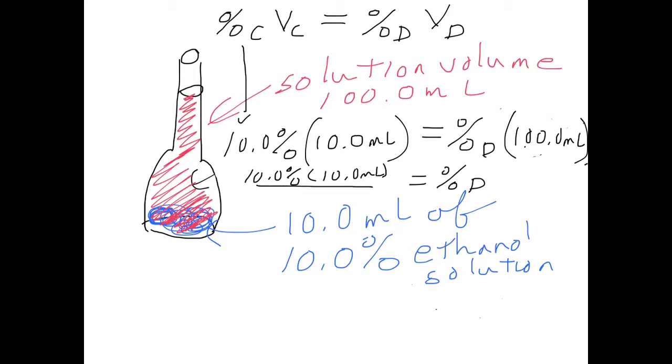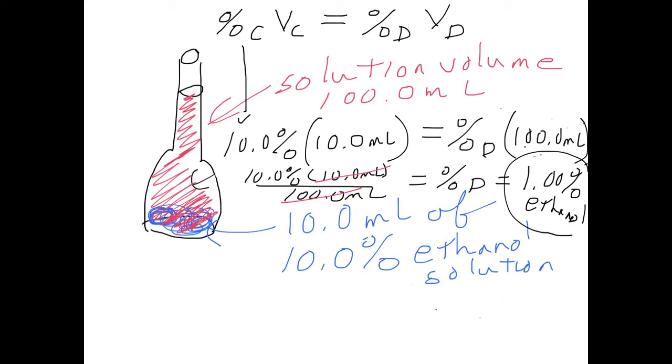To get percent dilution by itself, I'd have to divide both sides by 100. When I do that, my milliliters cancel out. 10 times 10 is 100, divided by 100 is 1. So my solution would be 1% ethanol.